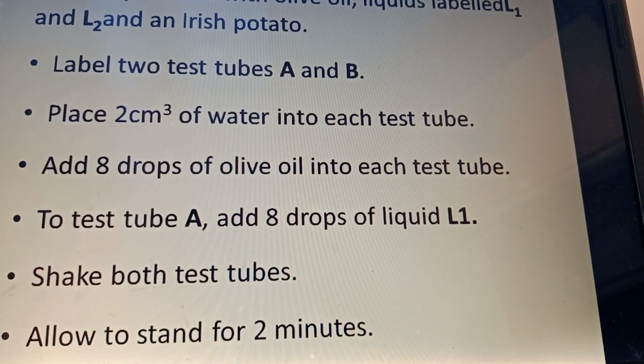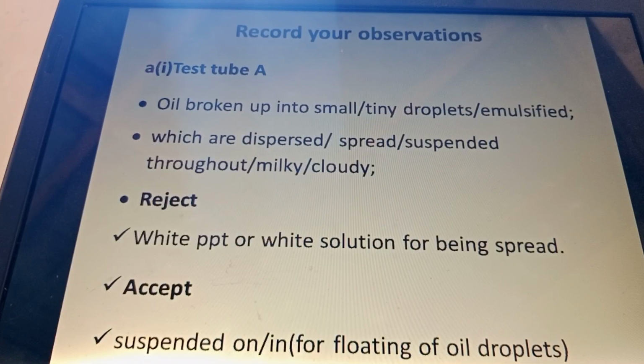All right. Shake both test tubes and allow to stand for 2 minutes. Record your observations.